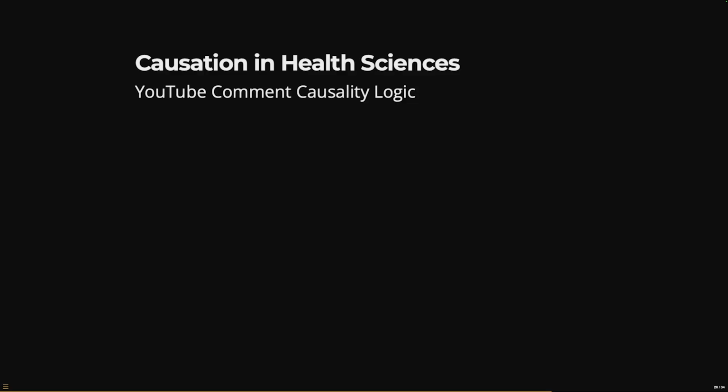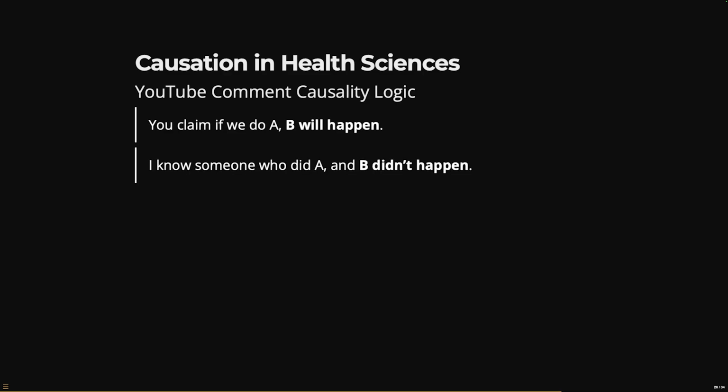Anyway, okay. So I've got my YouTube comment causality logic framework that I have built here. It goes like this. This is how a YouTube commenter argues about causality. They say, you claim if we do A, B will happen. Well, I know someone who did A and B didn't happen.